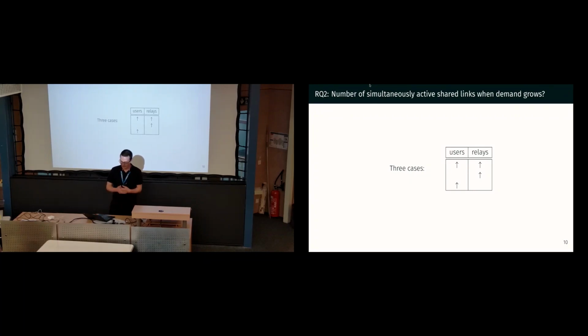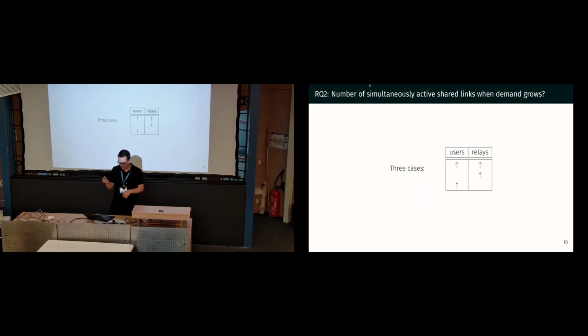Then for the second research question, the number of simultaneous active shared links when demand grows. There are basically 3 cases. If the number of users grows, that is correlated with the number of active shared links, and if the number of relays grows too, we have the same situation as before, where the number of simultaneous shared links would go down.